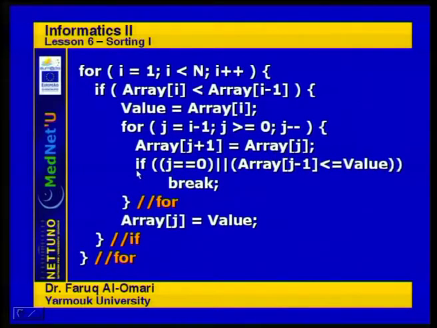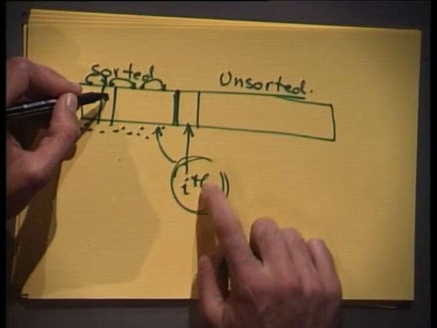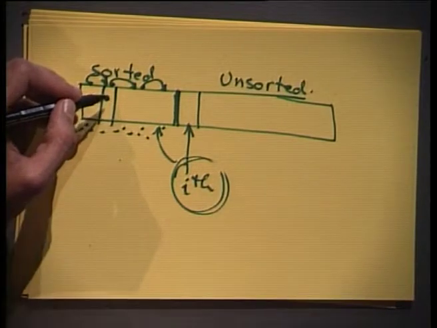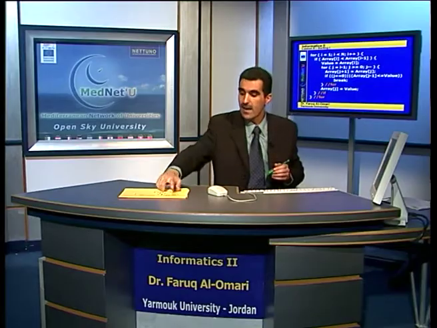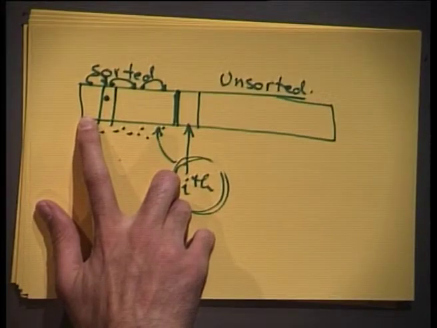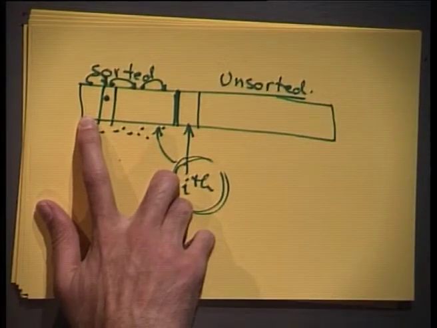And each time I'm gonna check if the entry in hand is less than value. Well, if this entry in here becomes less than the ith element, then I have to stop, okay? Or if I have reached the beginning of the list, so no more elements to move.